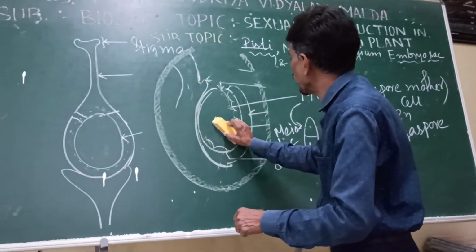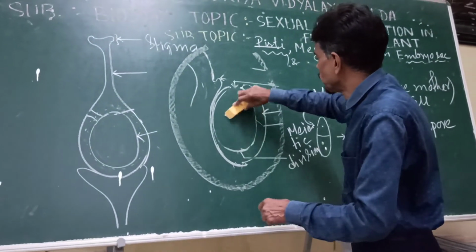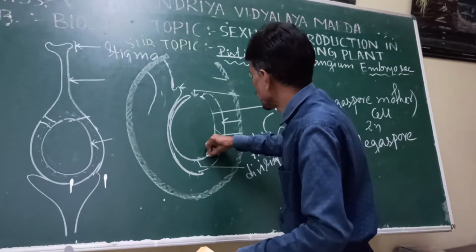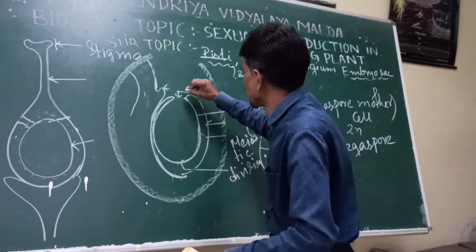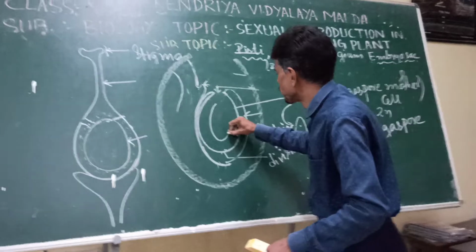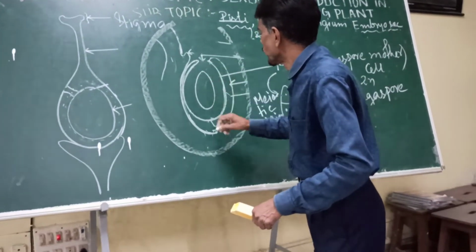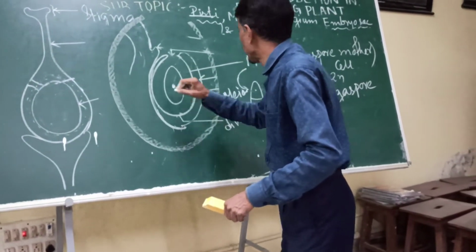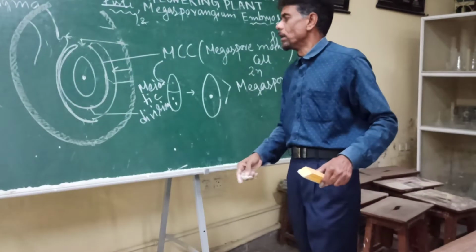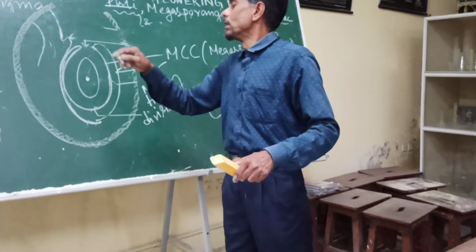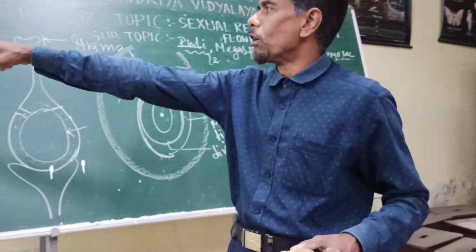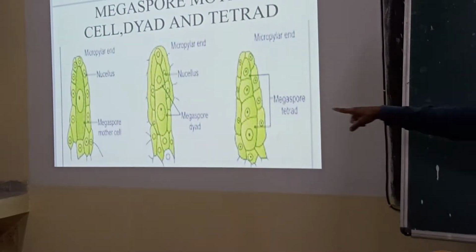Within the ovule, so if this is the ovule, a functional megaspore develops which contains a very prominent nucleus at its center. The prominent nucleus I am showing here. Here in my clipping also you can see the megaspore tetrad form.